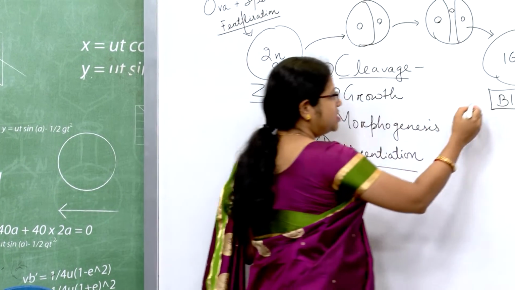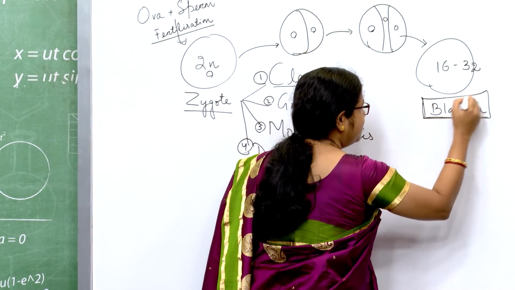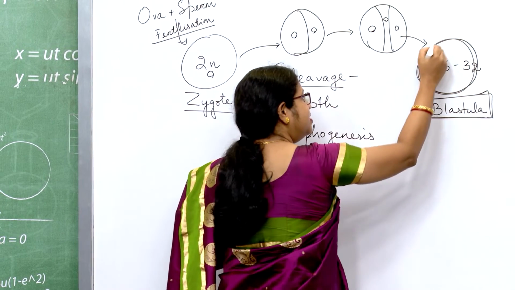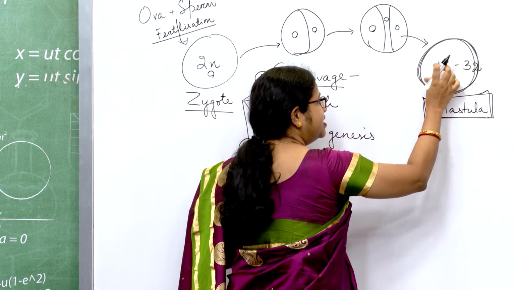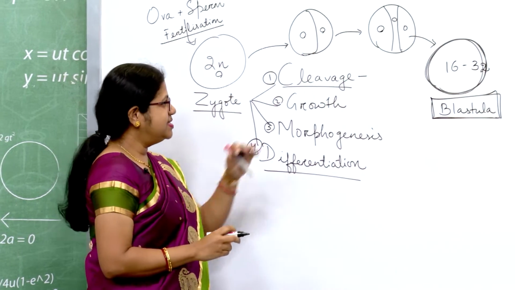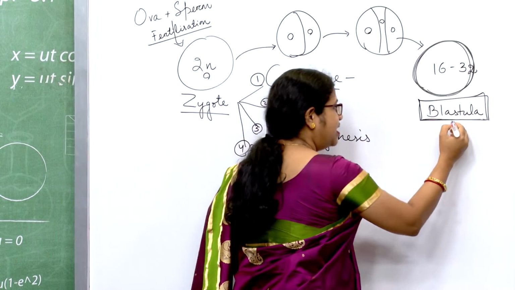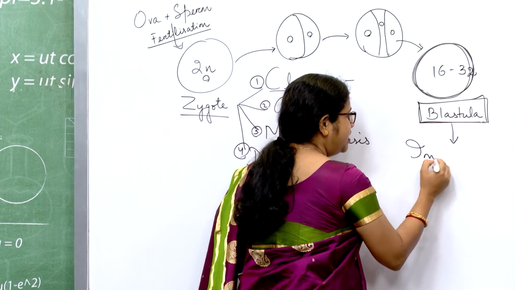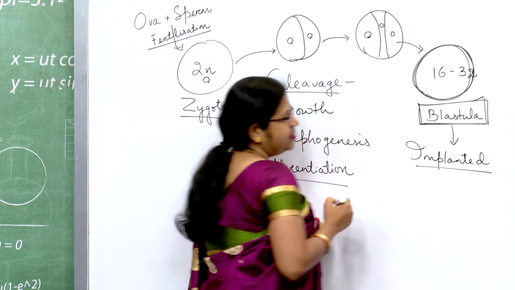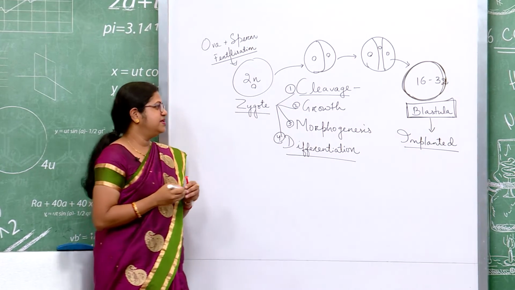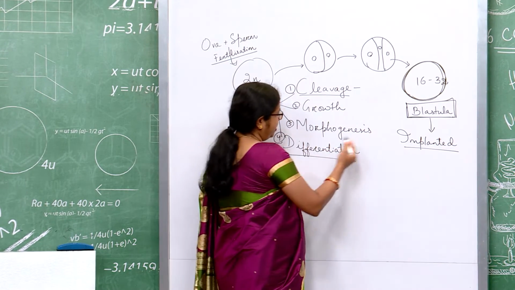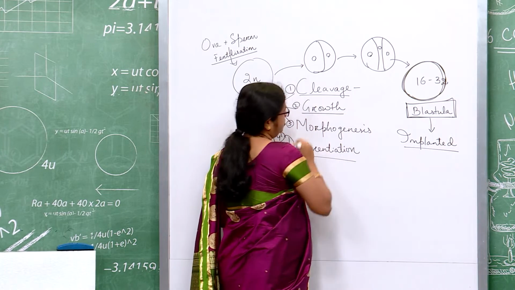Once we reach this particular blastula phase, it is a constrained unit where there is no growth, but only mitotic division. At this stage, this blastula has to be implanted in the uterine cavity, and for this purpose there have to be certain changes that are accompanied by growth.